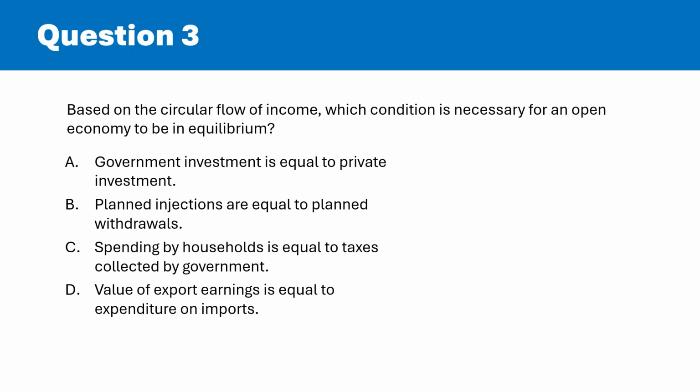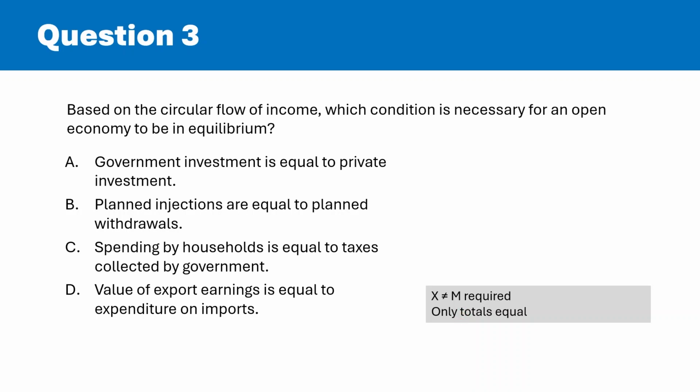If we go to option D, which says that value of export earnings is equal to expenditure on imports. Now, export equal to import, again, that is not a required thing. Only totals must be equal to each other. We cannot say that if one variable is equal to another variable, that means it's an equilibrium.